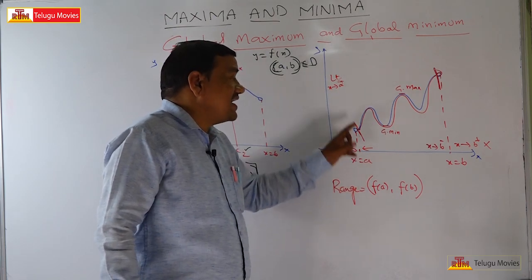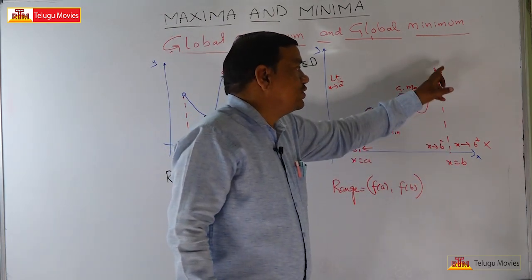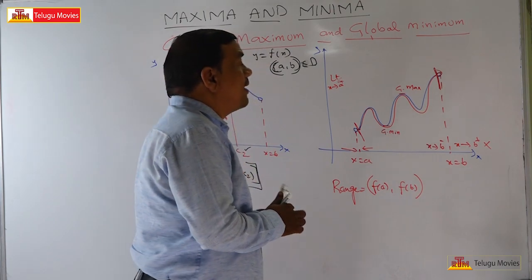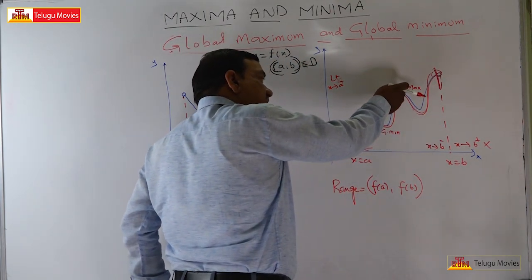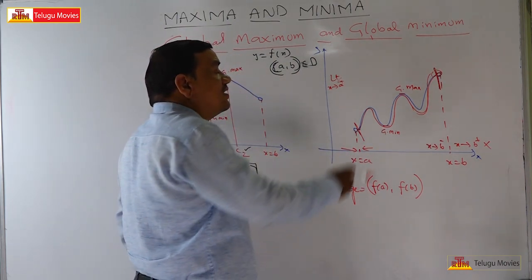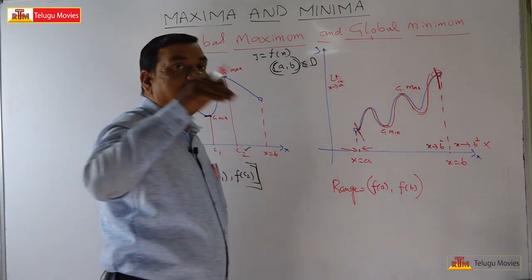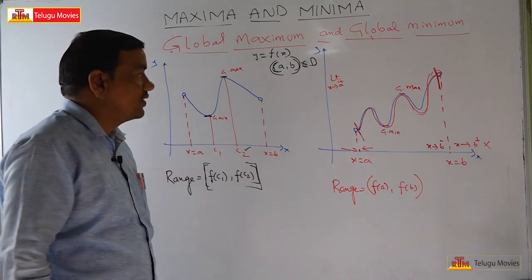That's why at exactly x equal to a and x equal to b, even though this value appears to be greater than the global maxima, we cannot take this point as the global maximum value.